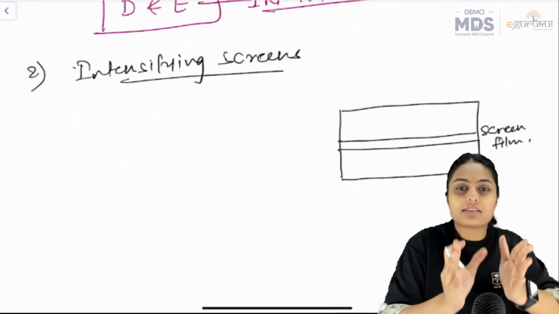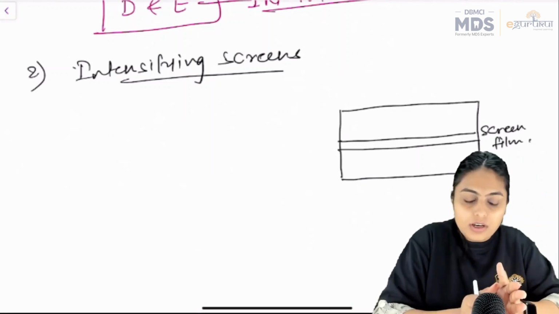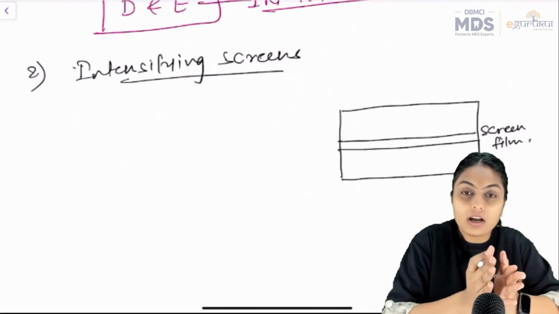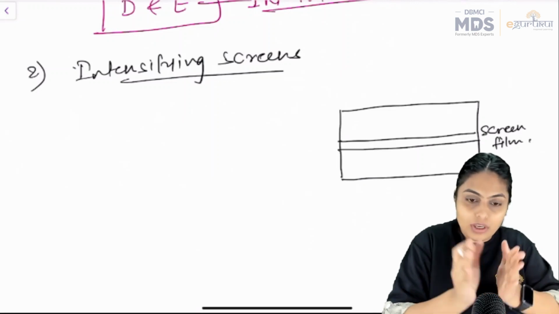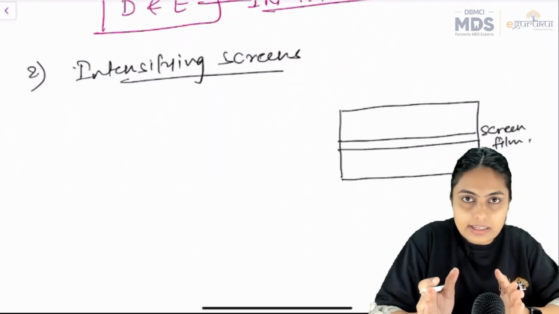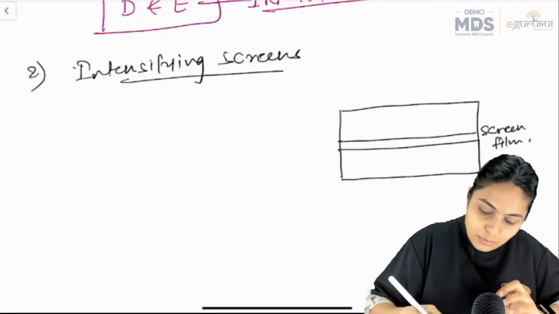You have the extraoral cassette, into which we have to keep screen films. On both sides of the screen films there is white cardboard-like paper which has been stuck. Now this works as intensifying screens. Now how this actually works, that we are going to see.